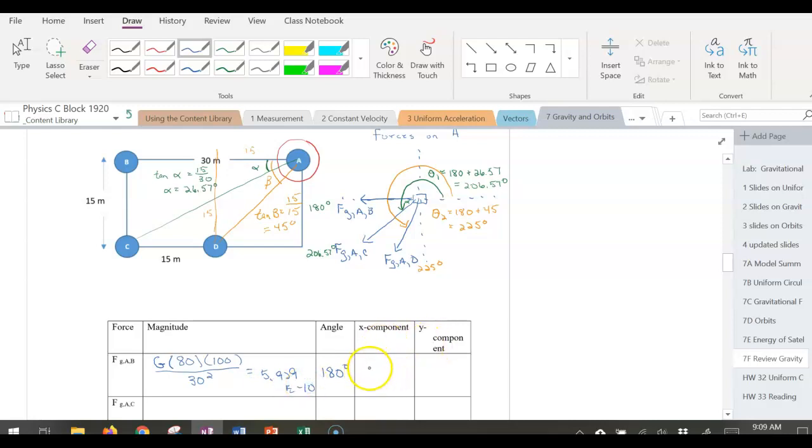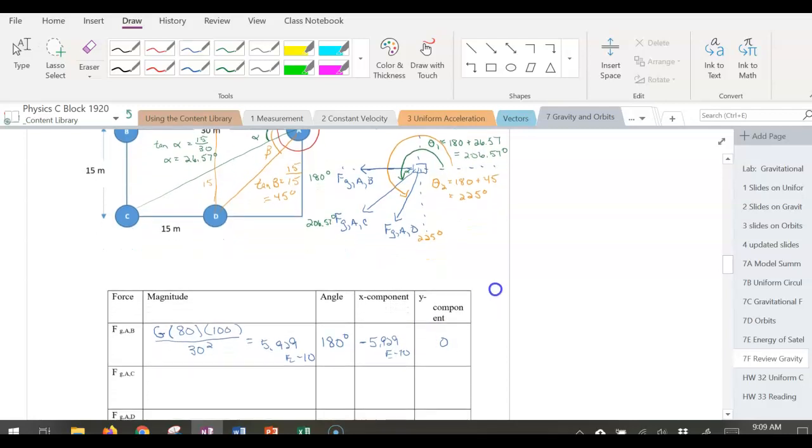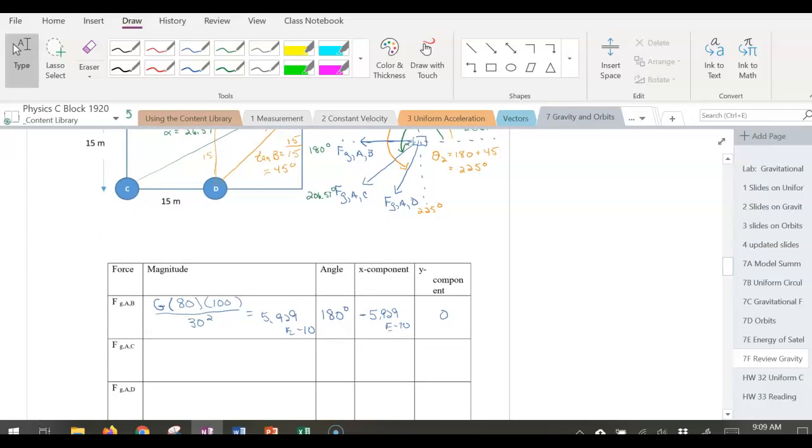That is all x component, right? And it's in the negative direction. There is no y component since it's at 180 degrees. You could always use your calculator if you're not confident that the cosine of 180 is negative 1.